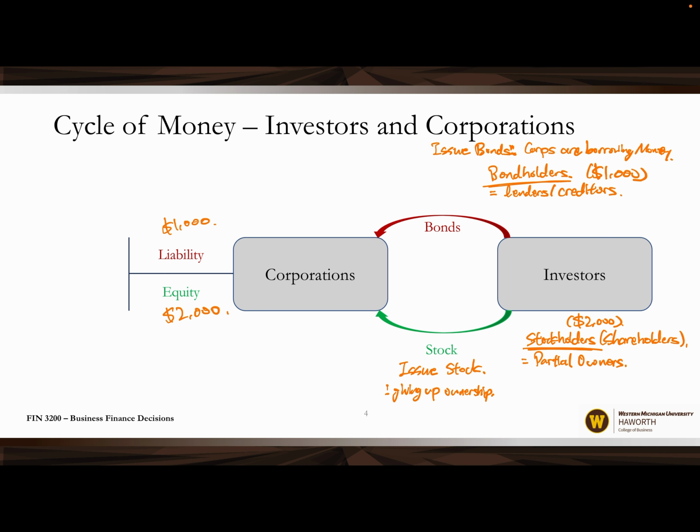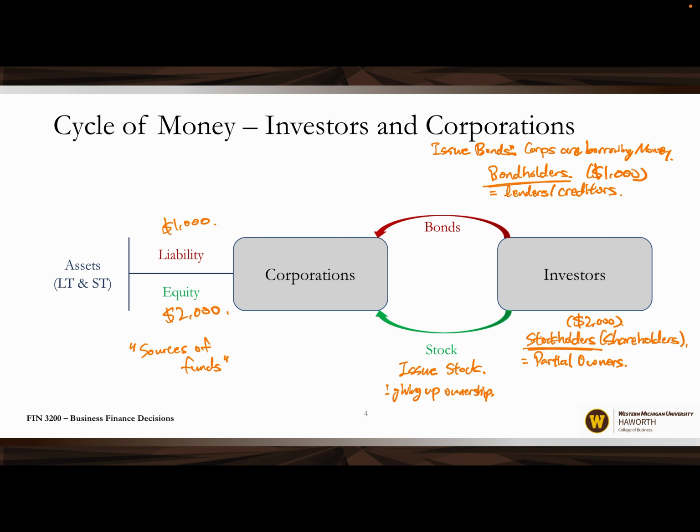Now the company raised $3,000 in capital. That's why sometimes people call the right-hand side of the balance sheet the sources of funds. The total amount of $3,000 we got from investors is $1,000 in liability and $2,000 in equity. Using that money, the corporation is now going to purchase assets necessary to do its operations.